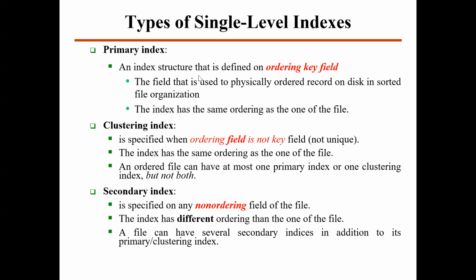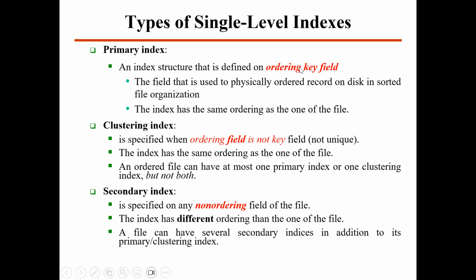Now, let us talk about single level indexes. There are three types of single level indexes: primary index, secondary index, and clustering index. A primary index structure is defined on a primary key, the ordering key field. Key field is nothing but the primary key, right?